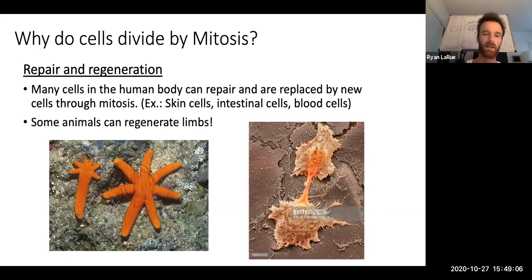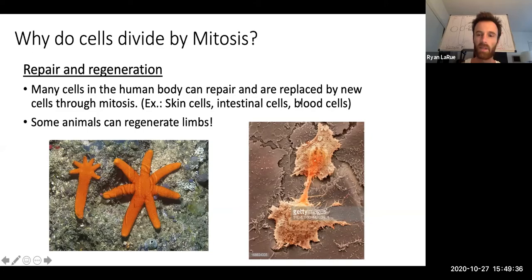So a lot of mitosis there. The intestinal cells, maybe that was the 4 to 5 days statistic. The lining of your intestines is constantly replaced every 4 to 5 days with cells that are dividing and replacing older cells. That's a constant process as well.